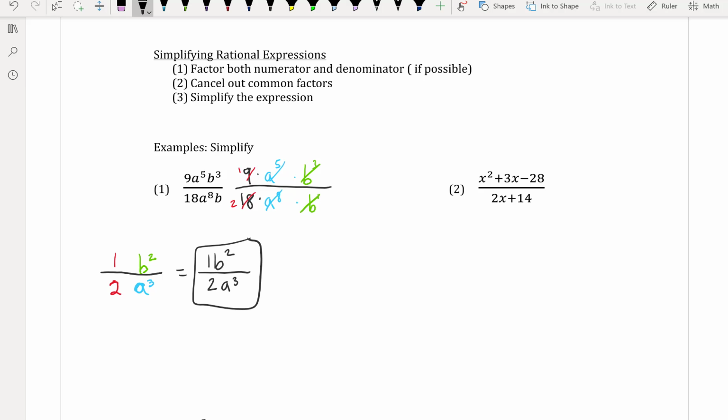Okay. Now for number 2, it looks like I have addition and subtraction. So whenever I have addition and subtraction, that's telling me to factor. Notice how in number 1, everything is being multiplied.